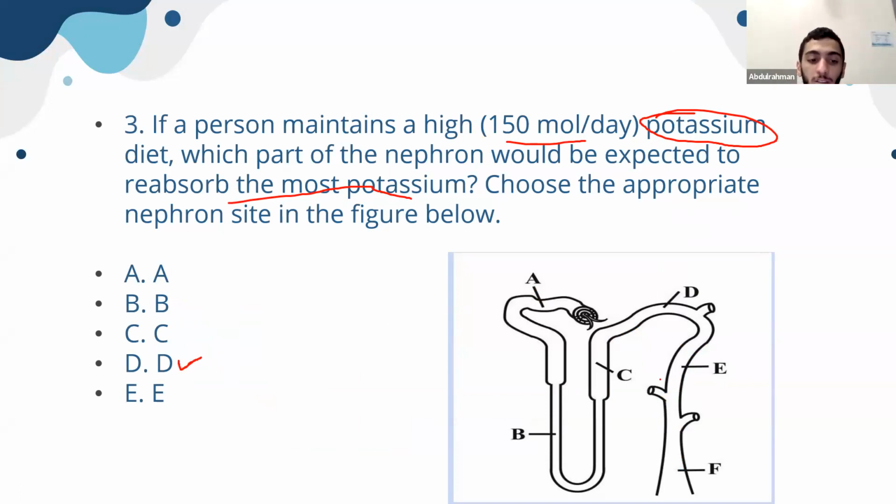It's not D, try again. It's also not E. If you think of the basics, the general concept we talked about at the start, where would we want to have the most reabsorption?